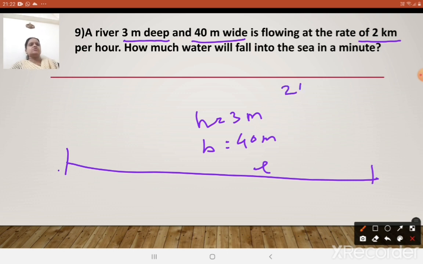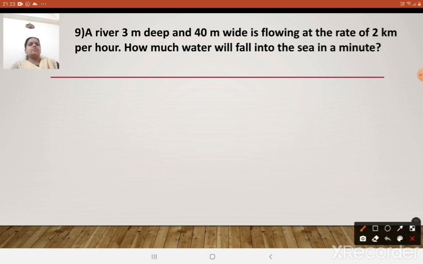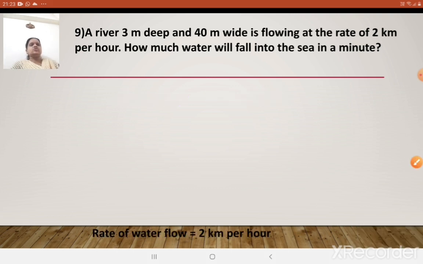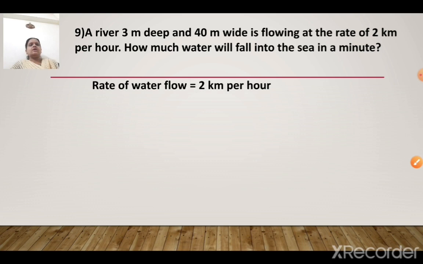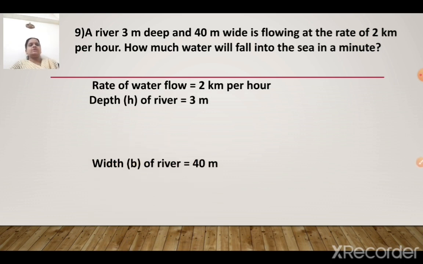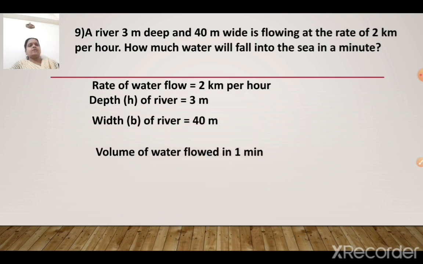It is given as 2 km per hour, but these values are given in meter, so convert it into meter. So how to convert 2 km per hour to meter? 1 km equals 1000, so 2000 upon 1 hour. Let us see the solution. So the rate of water flowing is 2 km per hour, depth h equals 3 meter, width equals 40 meter.